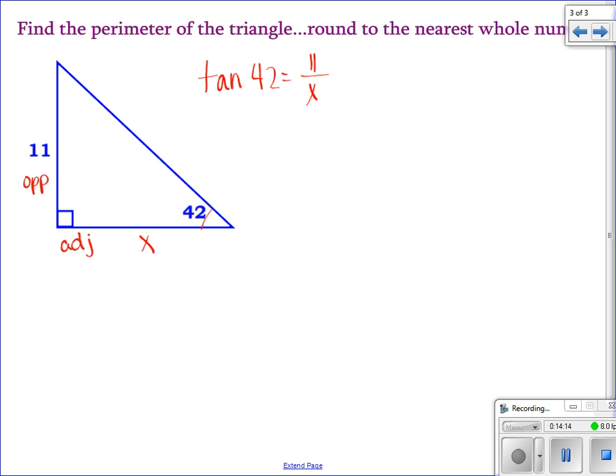We always multiply by whatever's in the denominator. In this case, it's x. So now we have this problem, but we're still trying to get x by itself. So we have to move the tan 42 to get our answer.